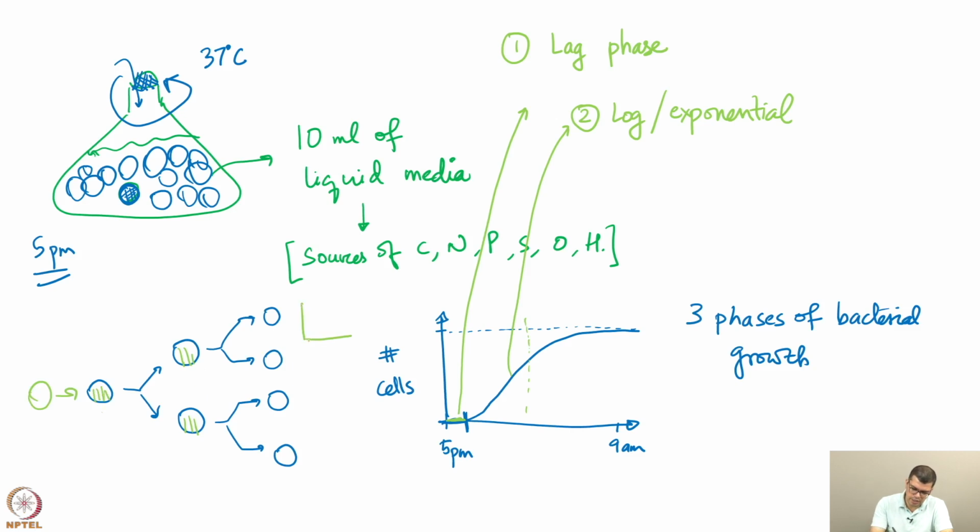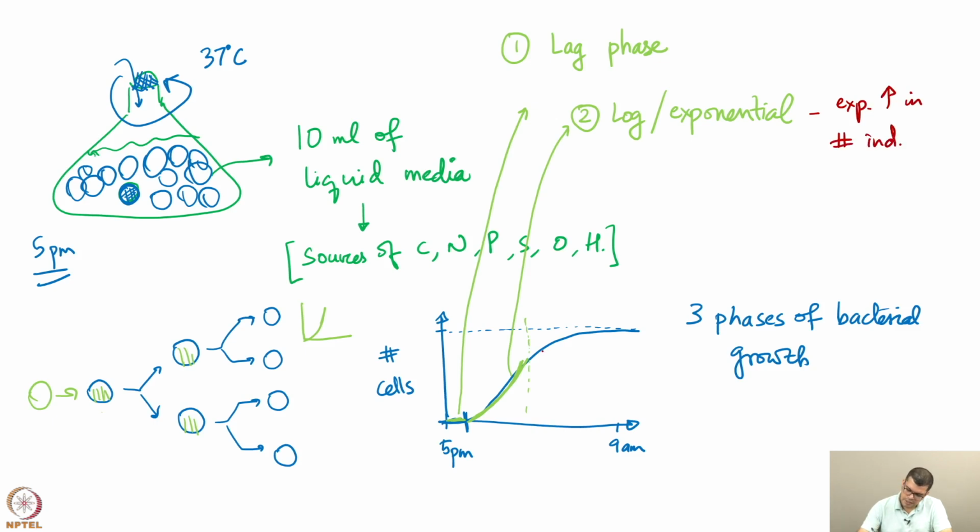So, if we plot this against time, it is going to be an exponential increase, and that is what this phase of the graph captures, that this is an exponentially increasing number of individuals in the population.